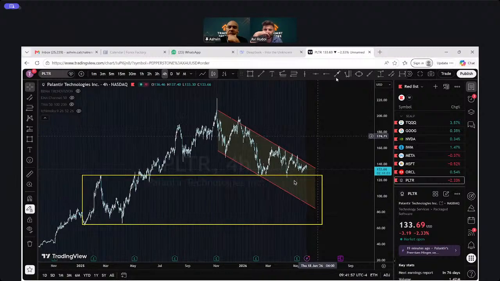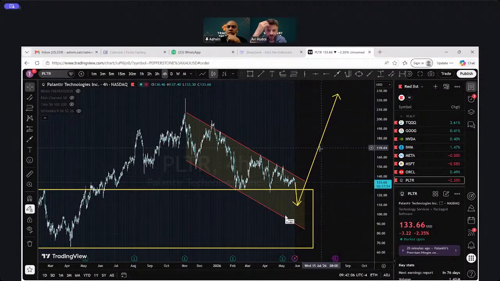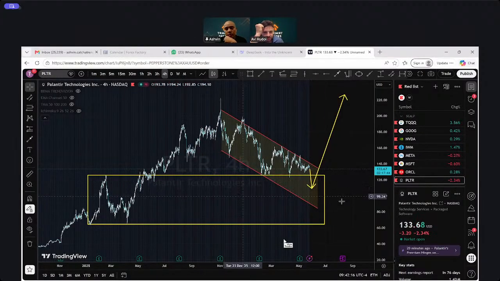The main thing now, I think it's going to start making lower lows, and you'll find a point before it will start pushing back up. So we're just waiting for price to correct a bit more, push down, and when there is news, some strong fundamentals to back up the zone on the technical side, I am expecting Palantir to start making a move to the upside. That would be the bias for Palantir.